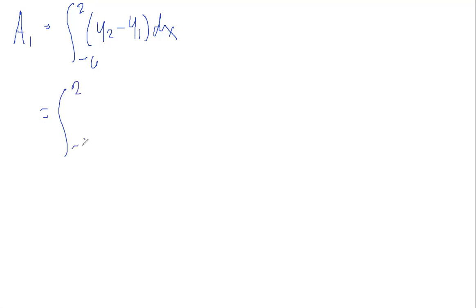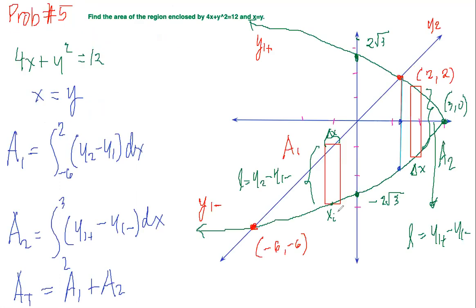So we know that A sub 1 is equal to the integral of y sub 2 minus y sub 1 dx from -6 to 2, correct? And let's substitute the values of y sub 2 and y sub 1. So y sub 2 is just equal to x minus, and y sub 1, here in area 1, we know that y sub 1 is the minus.